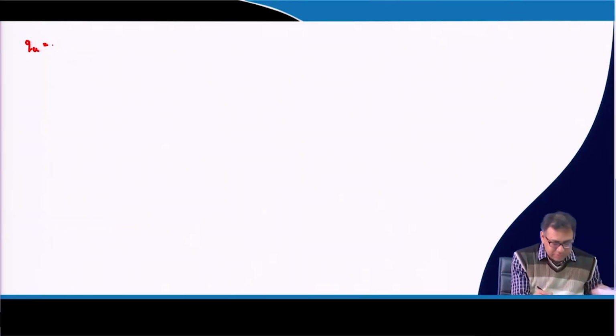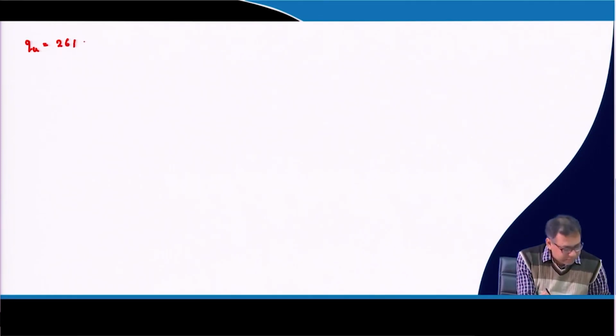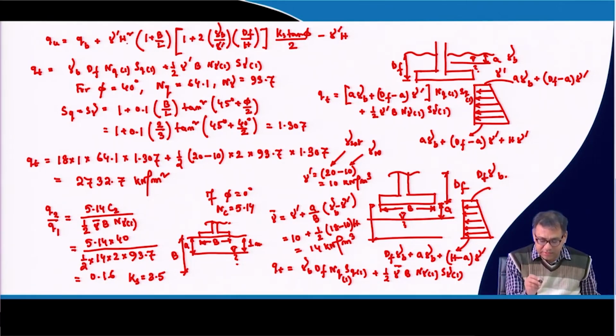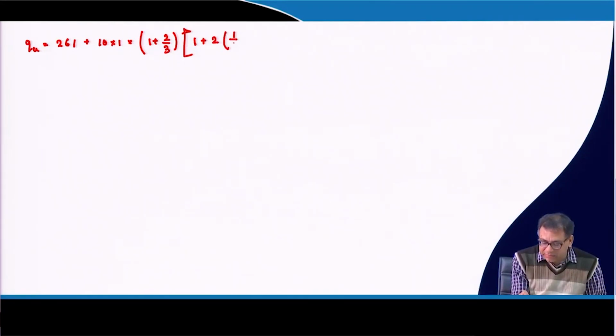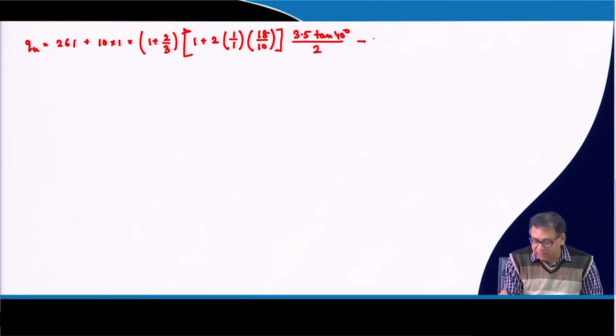QB is 261 plus your equation: gamma dash is 10, h square is 1, into 1 plus b is 2, l is 3, then 1 plus 2 df by h, df is 1, h is 1, then gamma bulk by gamma dash 18 by 10 into Ks is 3.5 into tan 40 degree divided by 2, because b value is 2, minus gamma dash into h, gamma dash is 10, h equal to 1.